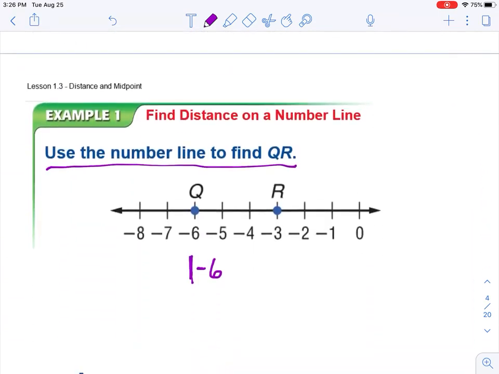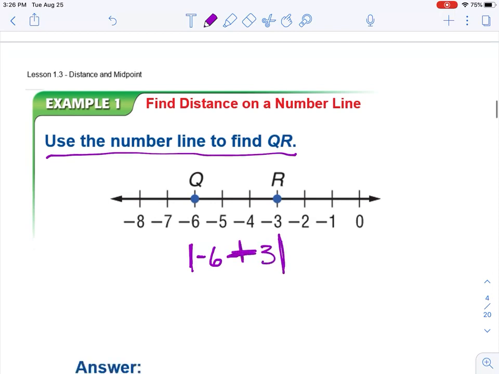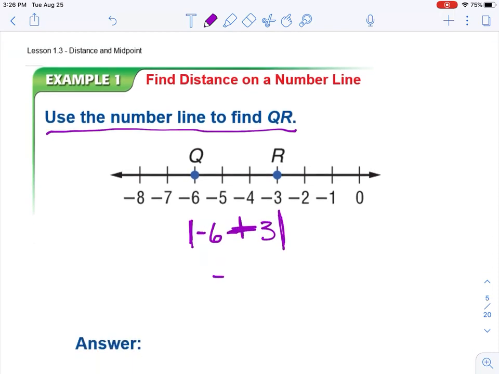So we take -6 minus a -3, and minus a negative becomes a positive. So -6 plus 3 is -3. And the absolute value is just the distance away from 0, so the absolute value of -3 is 3. We'll go ahead and say units, and that is the distance of QR.